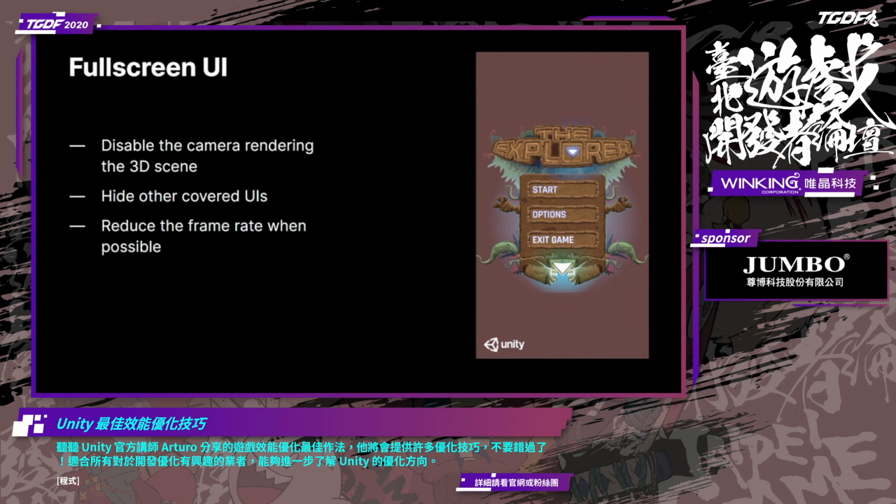This is just to save some processing when you want to make the canvas visible again. And also, reduce the frame rate when possible. So if you have a UI that's just for a menu and is not even animated, or the animation is at 15 frames per second, there's no need to run the background animations or the game update at 60 frames per second.